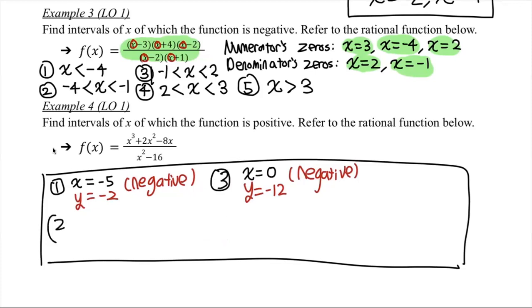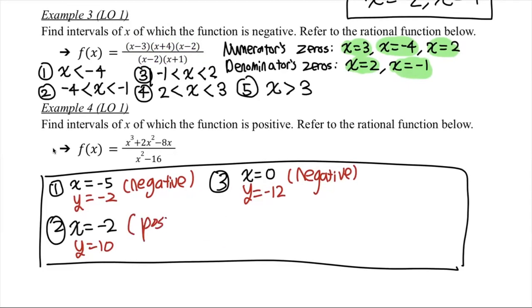So for the second one, let's actually do x is equal to -2. If we plug in x equals -2, that's going to give us 10. You can try it out if you're curious. That's a positive value. What about our fourth interval?